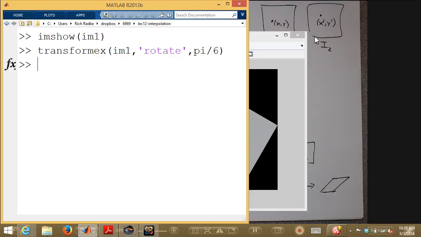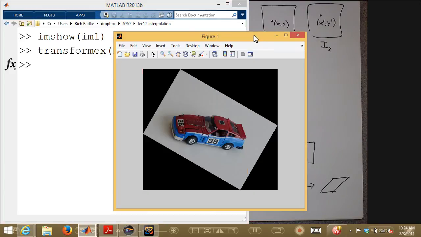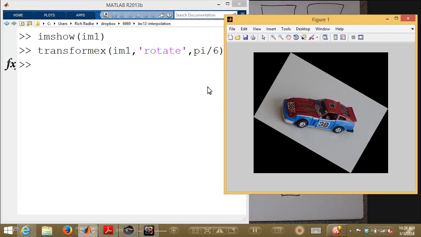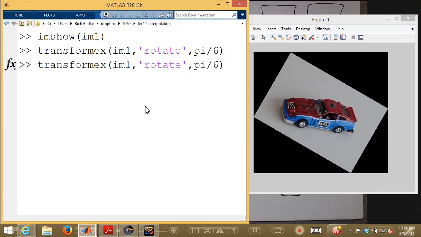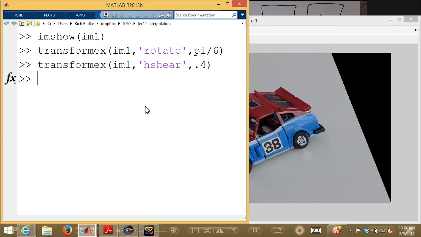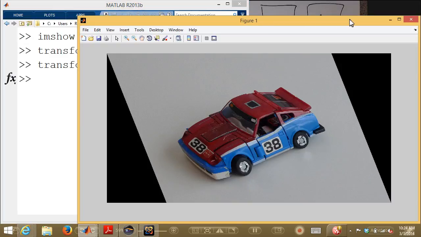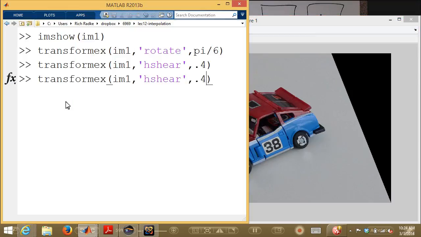When I do that, I map all the image coordinates to some new position, and I have a rotated image. You can keep on doing this with different things. For example, a shear takes all the pixel values and shoves them over, like this is what you call a horizontal shear, where everything is pushed over this way. I can have a vertical shear where I'm pushing it the other way.